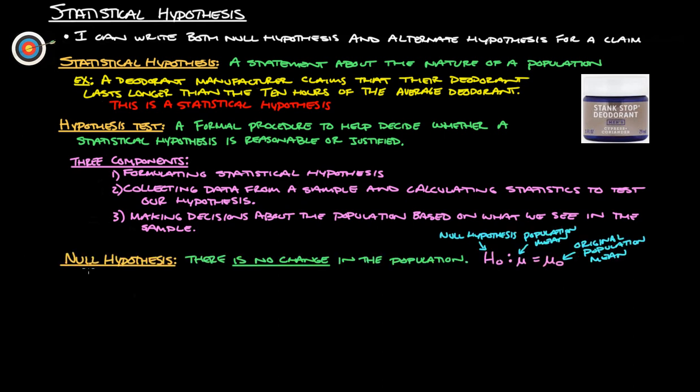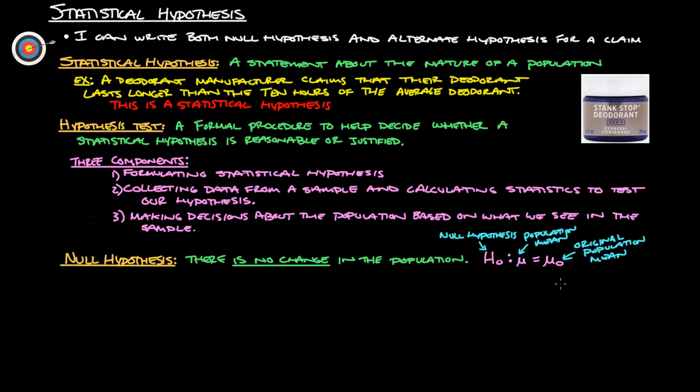The null hypothesis is that there is no change in the population. The null hypothesis is always represented with H sub O. This funny looking thing is mu, which is the population mean, so it's the average. And this mu sub O is the original population mean.